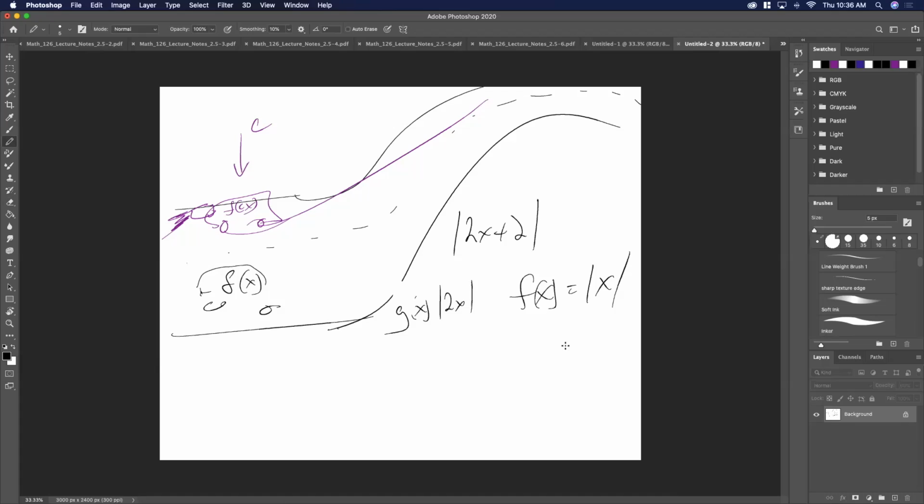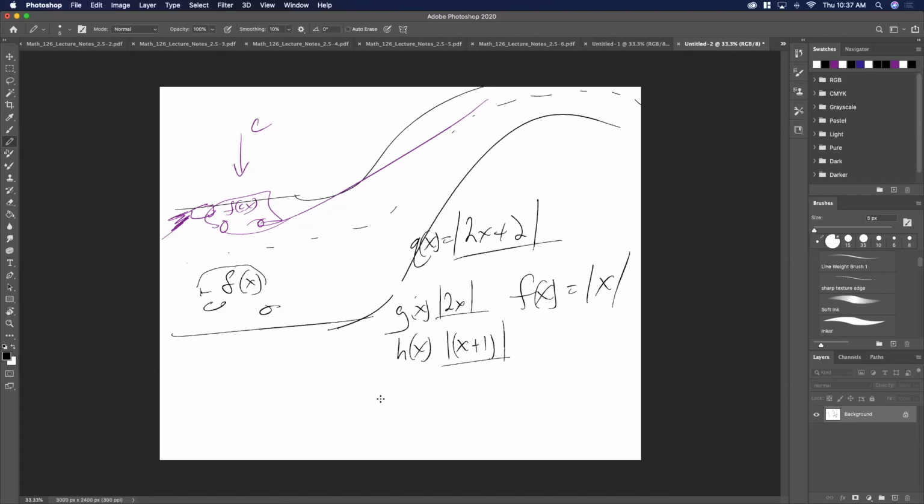So if g of x, I shrink it by 2, and then let's say h of x, I move it over by 1. So here I'm doing this transformation, shrinks it by 2, this moves over by 1. Let's just call this q of x.